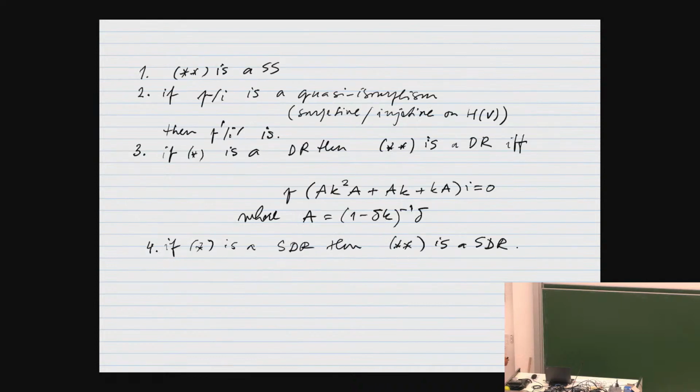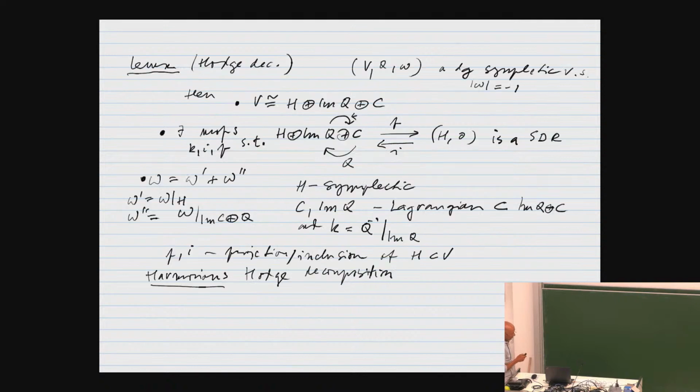Then, if you start with a deformation retract, you will get again one, if some condition is fulfilled by the contracting homotopy and the perturbation. It's if and only if, actually. And if you start with a special deformation retract, you get again a special deformation retract. So that's the claim of the homological perturbation lemma.